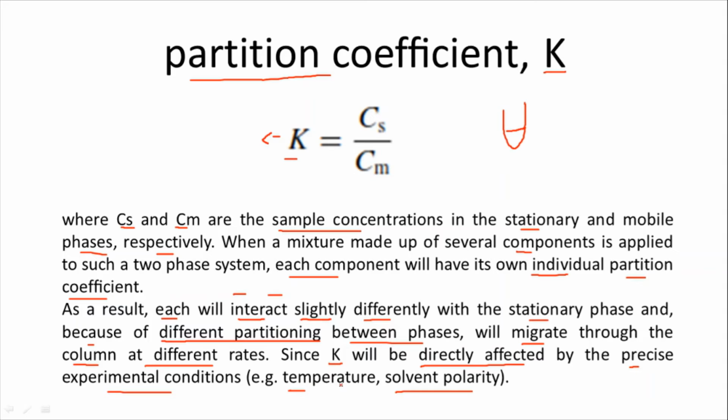Also, what type of molecules can be easily affected by temperature? Suppose if the temperature increases, some of the molecules become volatile. So we must be concerned with the temperature, and also with any special experimental conditions we use to achieve good separation.